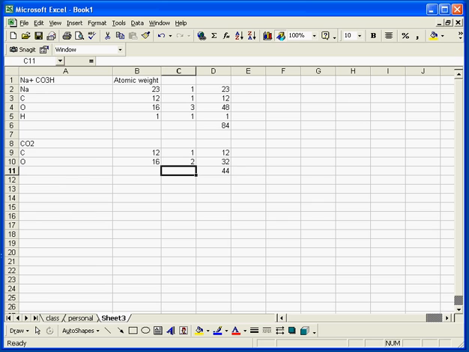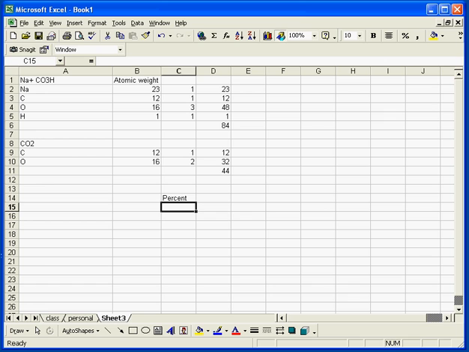So let's figure out what percentage of the formula is the carbon dioxide. What's the percent difference between the two?